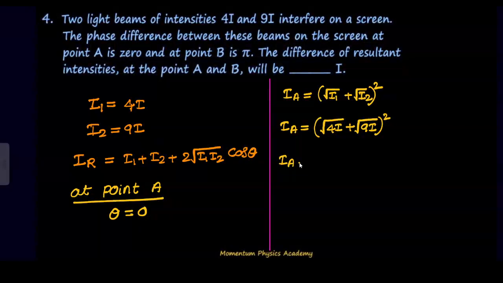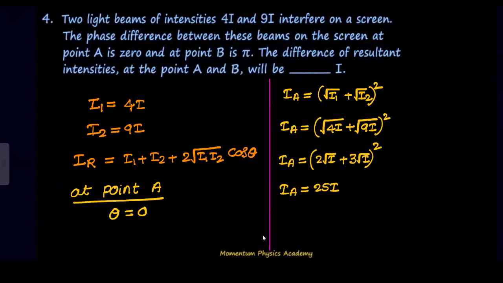This comes to 2 root I plus 3 root I, which totals 5 root I. So 5 root I whole square is 25 I. This is the intensity at point A.